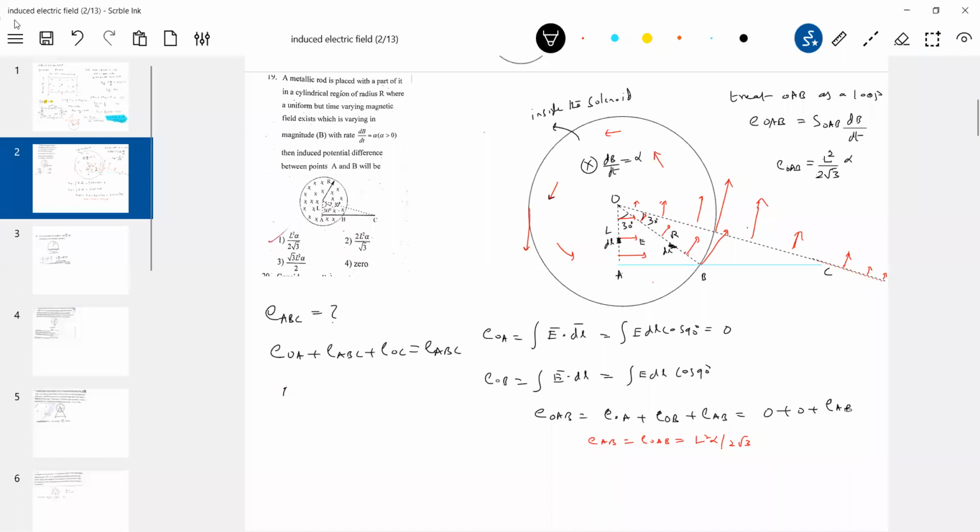Any reason? And EOC will be 0 because everywhere E bar is perpendicular to dl. OAC. So EOAC, EOACO, total triangle.